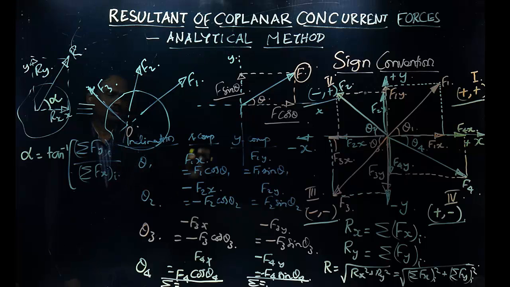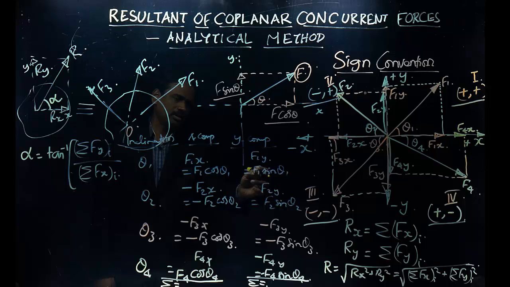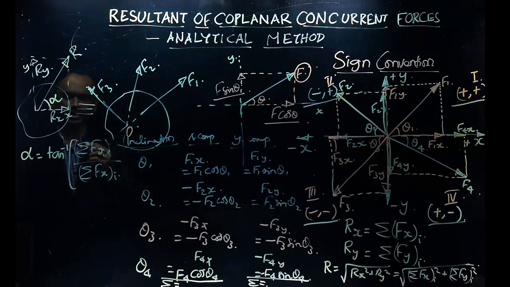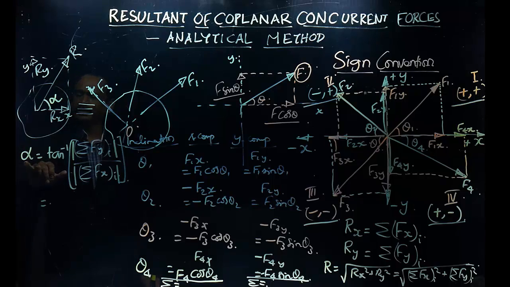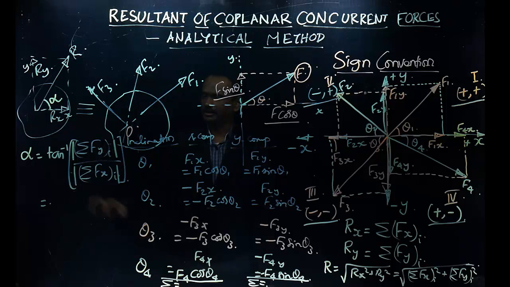Now while summing it up, since some are positive, some are negative, here also some are positive, some are negative, the summations may be positive or negative. For that reason, you have to take the absolute value of these ones when you arrive at the angle. Then that will give us the angle between 0 to 90 degree, or in other words, it will be an acute angle. This is the way you have to arrive at this.